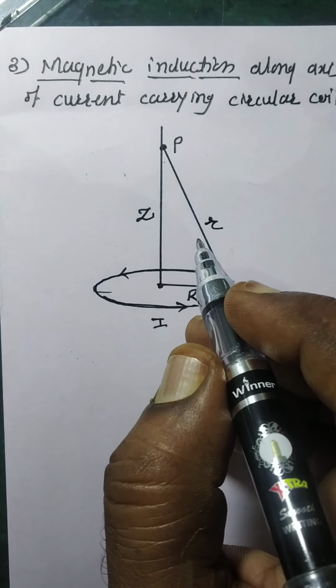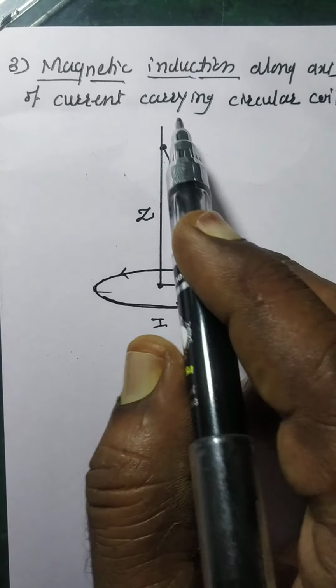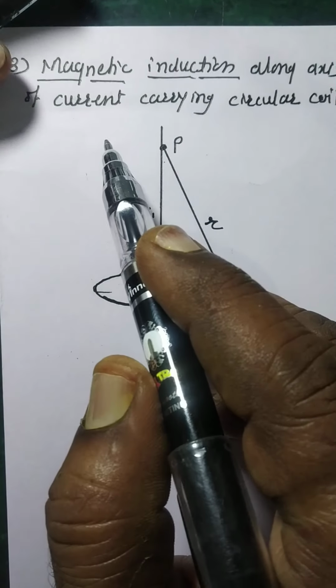See in the diagram. We have to find magnetic induction along the axis.